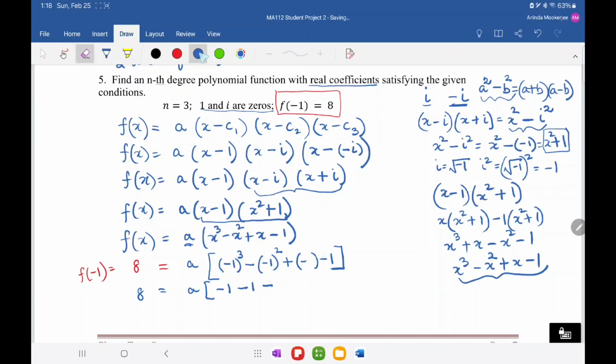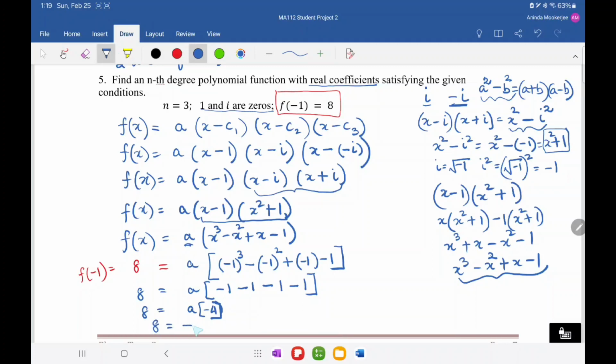So let me do that here. Minus 1. So plus times minus 1 is a minus 1 and another minus 1. And when we add up all these negative ones, we will end up with 8 equals a times negative 4, and rewrite this as 8. All right, let me do that here.